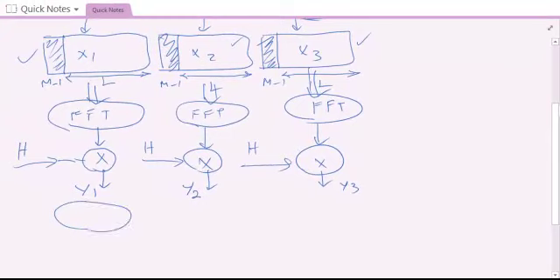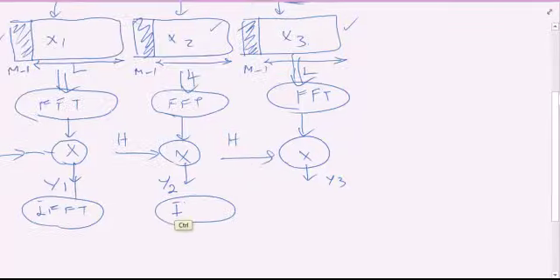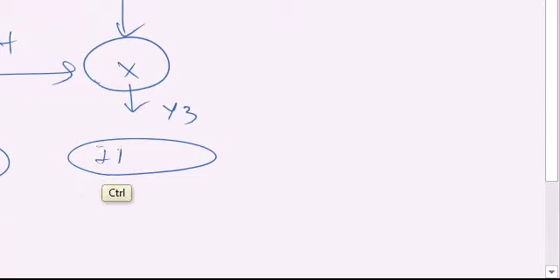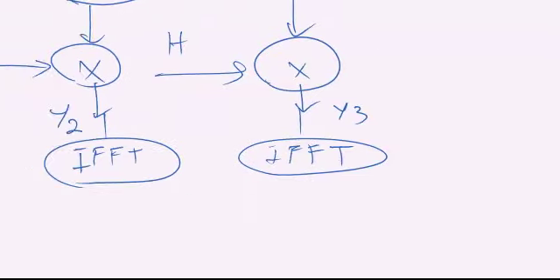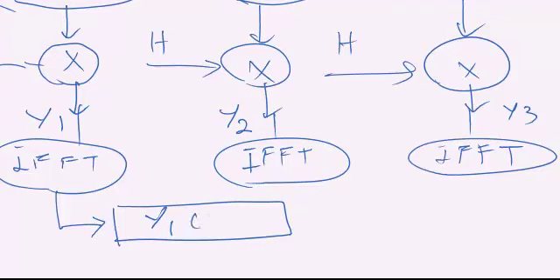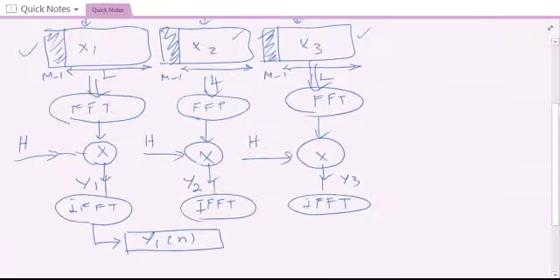So this goes to the IFFT module, this also goes to the IFFT block, so they all go there. This is going to give us y1 of n, so now we are back to the time domain.